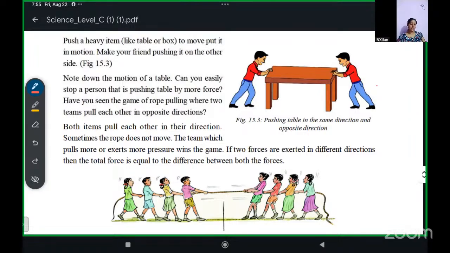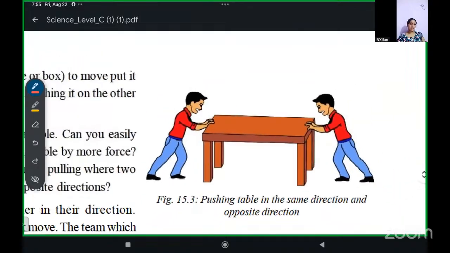If these two people have the same force, this person is pushing from this side with 20 energy, and this person is also having 20 energy. What will happen? The table will not move, because they have the same energy.